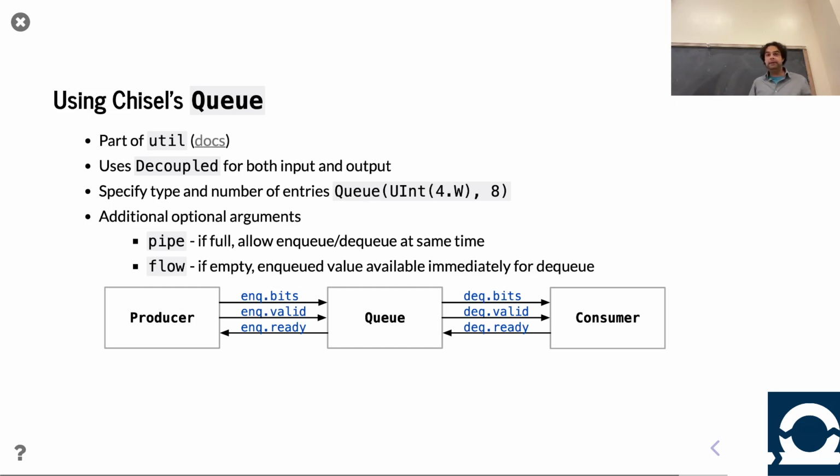In other words, if the queue is empty and the consumer is ready to receive, so both the producer is valid and the consumer is ready, it'll bypass the queue's stateful bits and just pass the data straight through. Once again, you can imagine that this is an optimization. It can help reduce cycle count for some designs. However, at the same time, it lengthens a potential critical path, right? You have data not going through registers here, but now going straight through. So these are just two knobs that exist.